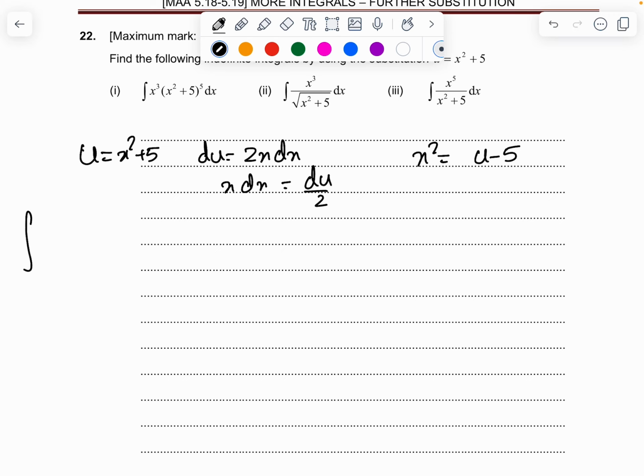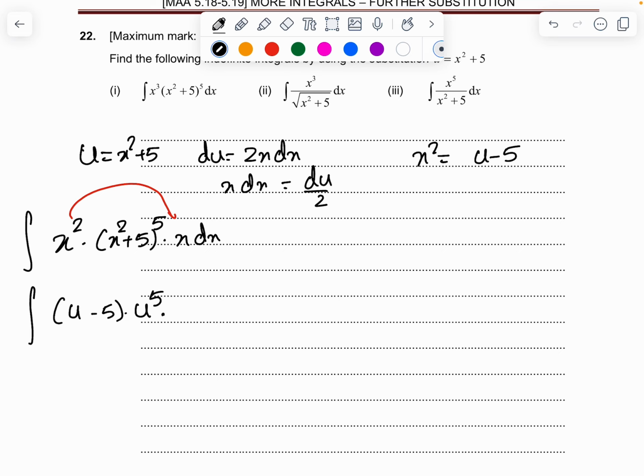For the first one, what am I going to write? I have x square and x cube. x cube can be written as x square times x, so the integral is x square times x square plus 5 whole to the power of 5 times x dx. Now x square becomes u minus 5, and this becomes u power 5, and x dx is nothing but du upon 2.